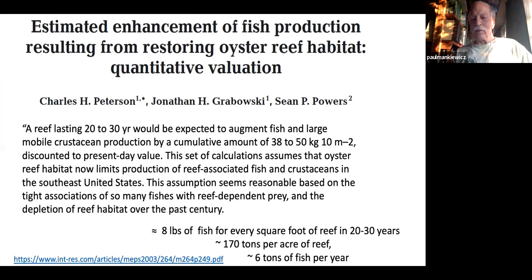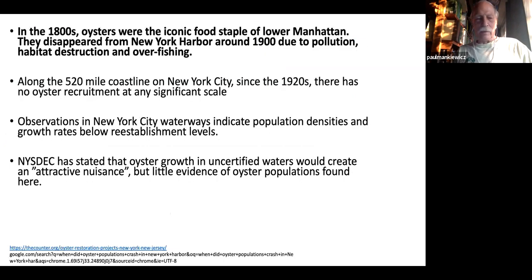And basically reefs, the suspension feeding gills, so basically the mussels, the oysters, the clams, pull out enormous amounts, almost all of it, in estuaries. And this is what they have done for a long time. So this is the center of oysters on planet Earth in the 1800s. And basically there's virtually no oyster recruitment here now.